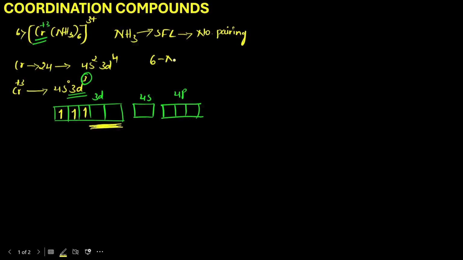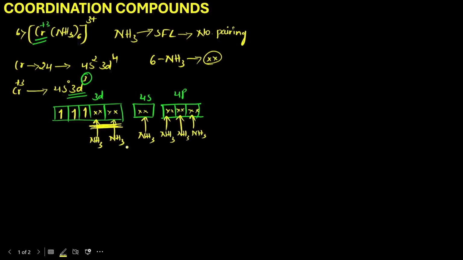We have 6 NH3 ligands, right? Each ligand gives 2 electrons. Here 2 electrons, here 2 electrons, 2 electrons, and here 2 electrons. Each NH3 ligand gives 2 electrons to the metal cation. How many orbitals are involved in bond formation?